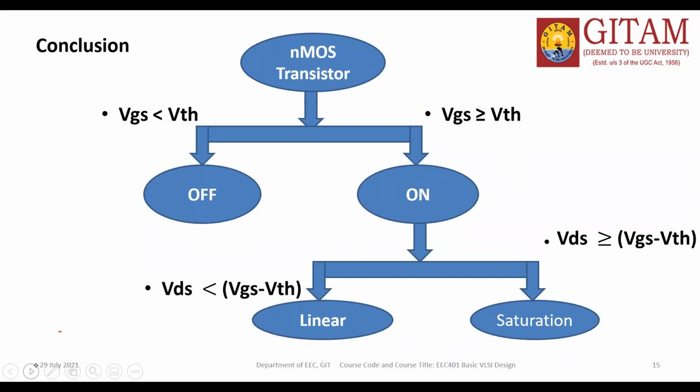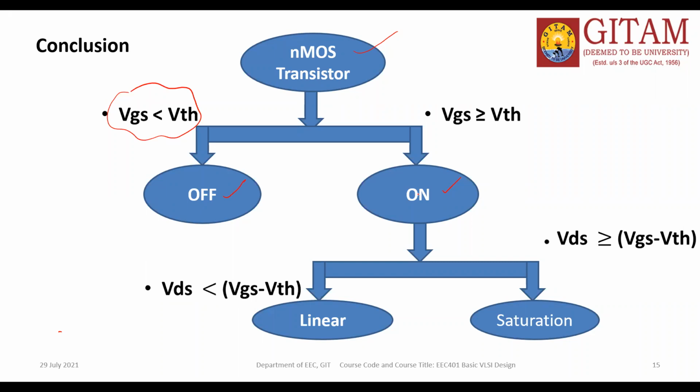One important point to remember is the final conclusion: whenever you consider an NMOS transistor, you should say whether it is off or on. If you want to say it is off, VGS should be less than the threshold voltage of the transistor.